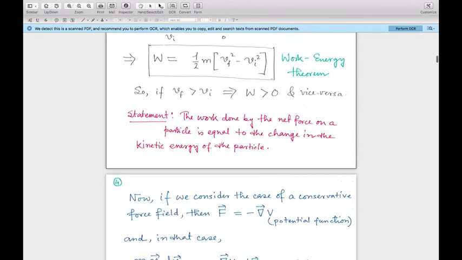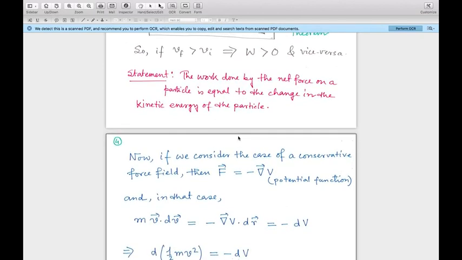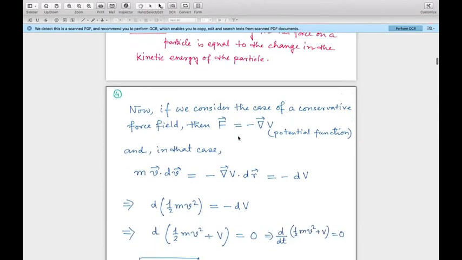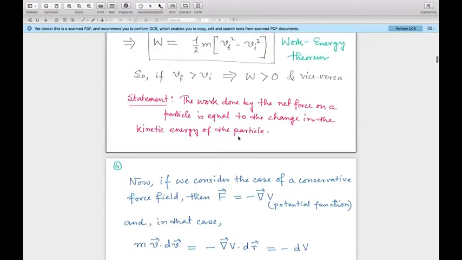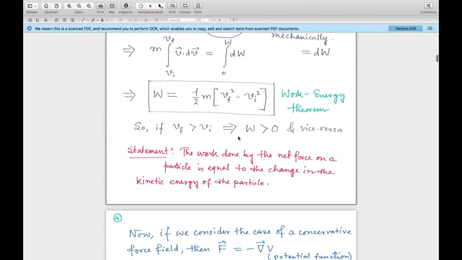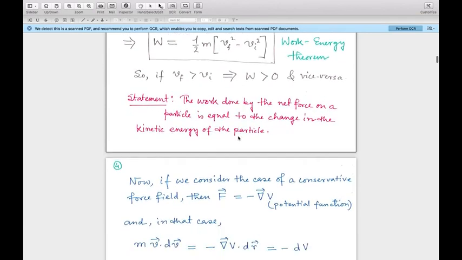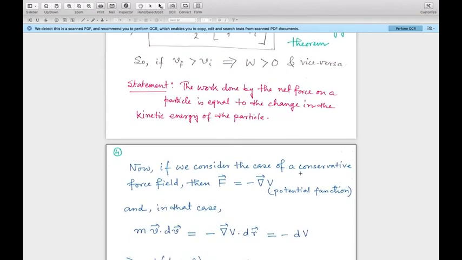So this is the statement of the work energy theorem, and this is another way of stating the conservation of total mechanical energy. Now, we haven't assumed any special form for the force here. If we consider the special case of a conservative force field, which is irrotational in nature, so the curl is 0, the force field can always be written as the gradient of a potential function.